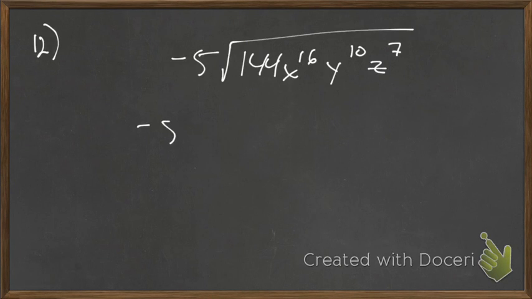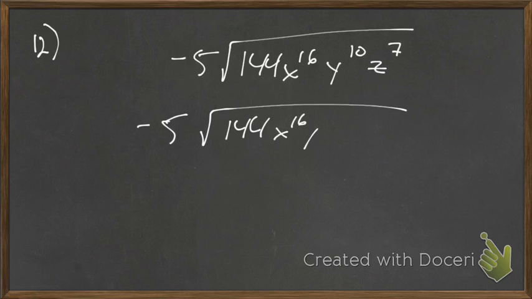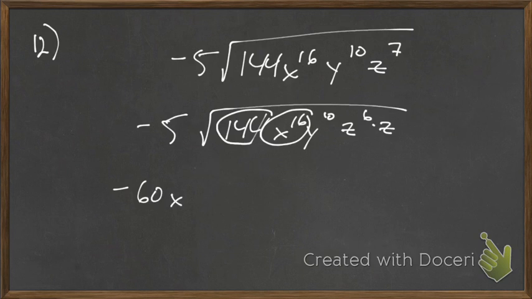All right, friends. So the only thing I'm going to change on the inside is z. I'm going to change z to the 6th. Stay with me. I can take the square root of this. It's 12, right? 12 comes out front, giving me negative 60 out front. x to the 16 comes out front as x to the 8th. y to the 10th comes out front as y to the 5th. z to the 6th comes out front as z cubed.